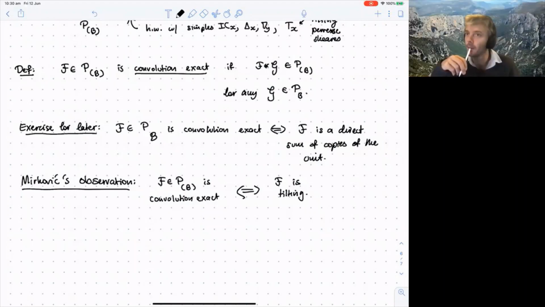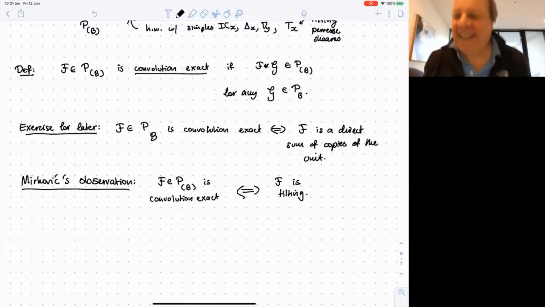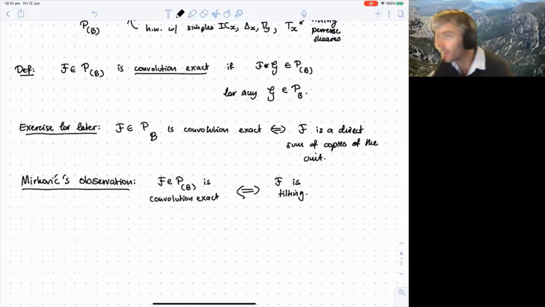Definitely, I can produce silly examples by just moving convolution exact things around by G and stuff like that. But yes, it's an extremely good question if there are any more. Exercise. Very good question. I didn't think of this question when I was preparing this.